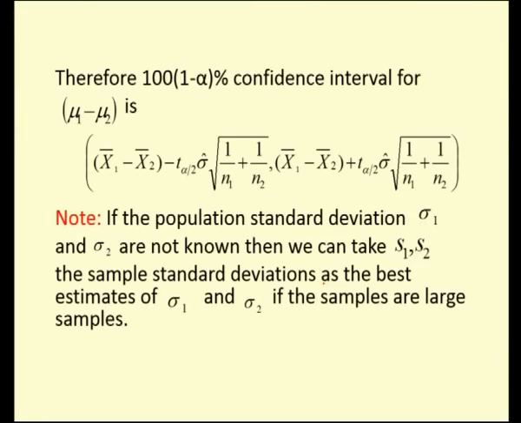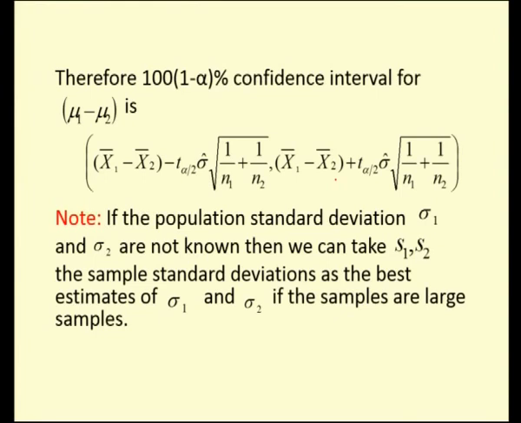Therefore, the 100 into 1 minus alpha % confidence interval for difference in mean when the variances are unknown is x1 bar minus x2 bar minus t alpha by 2 sigma cap into square root of 1 by n1 plus 1 by n2, comma, x1 bar minus x2 bar plus t alpha by 2 sigma cap into square root of 1 by n1 plus 1 by n2.